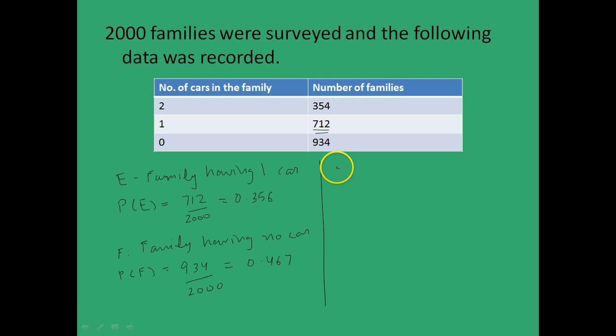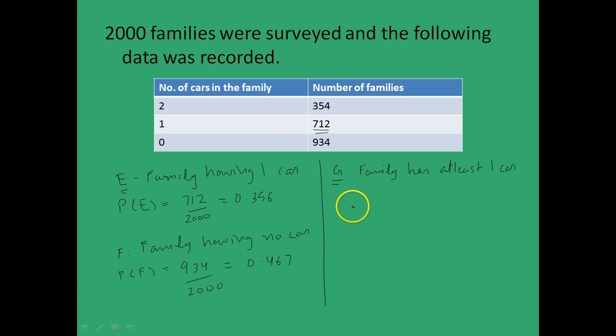And similarly, you can find out other probabilities. Let's define an event G: a family has at least one car. Please take note that event G will not be equivalent to event E, because both kinds of families would constitute the event G, that is having at least one car, since having two cars would also mean that you have at least one car.